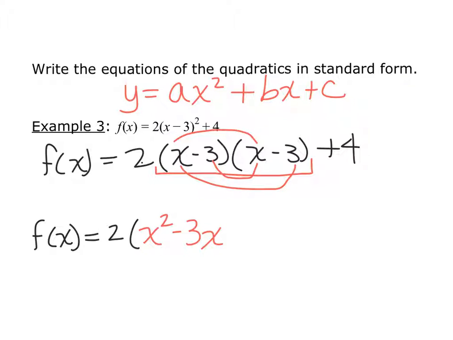Negative 3 times x is negative 3x. Negative 3 times negative 3 is positive 9. Wait, which one goes first?